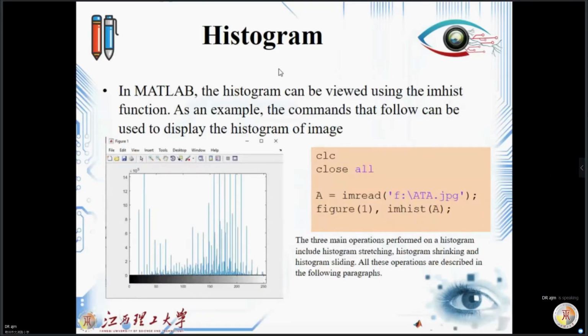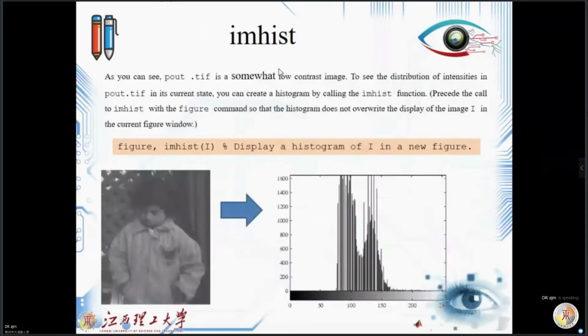I think the uniformity of this histogram is a little bit better. My figure had variance, or values in my histogram, that were spread across my photo.